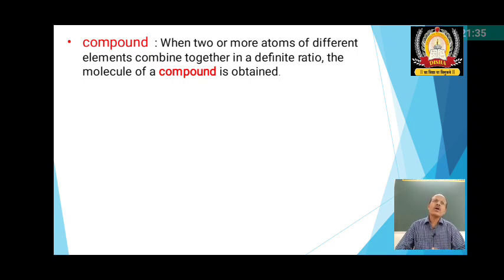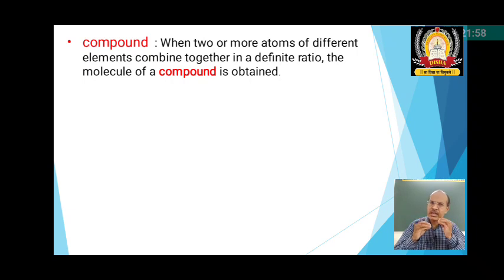When two or more atoms of different elements combine together with a definite ratio, then a compound is formed.